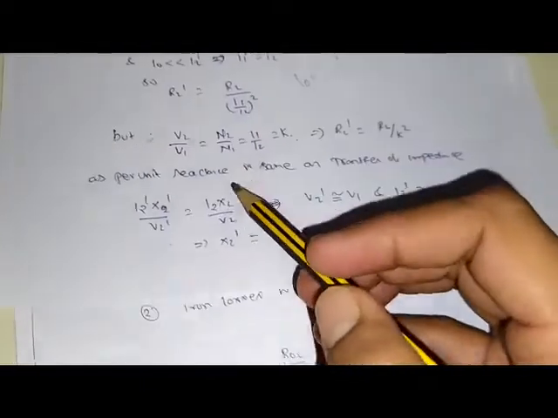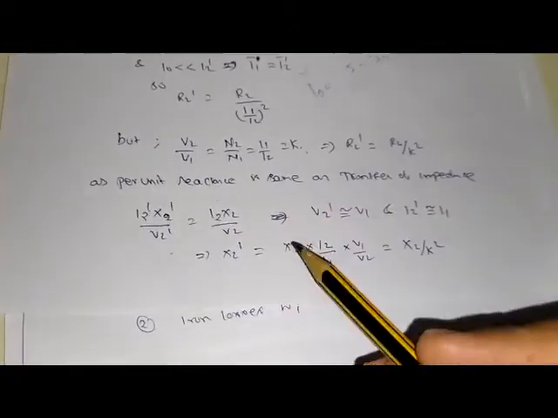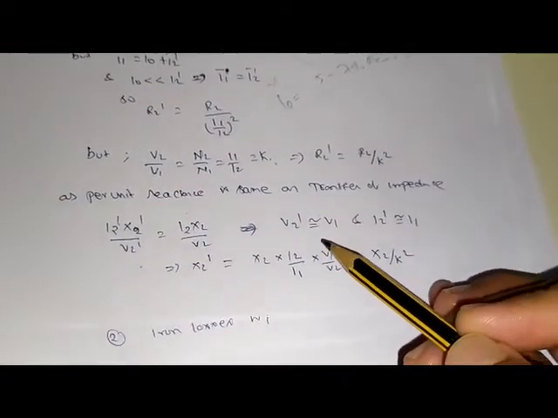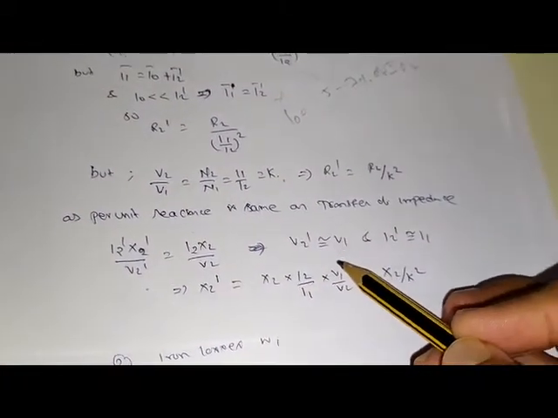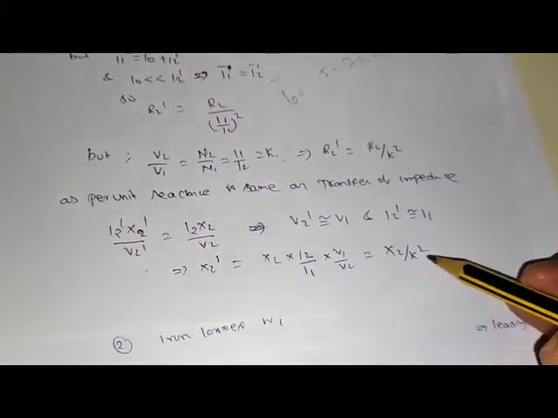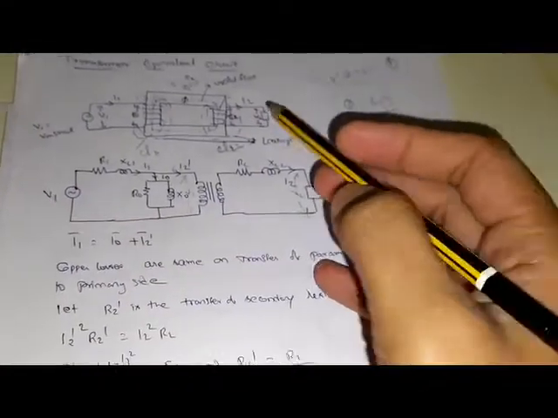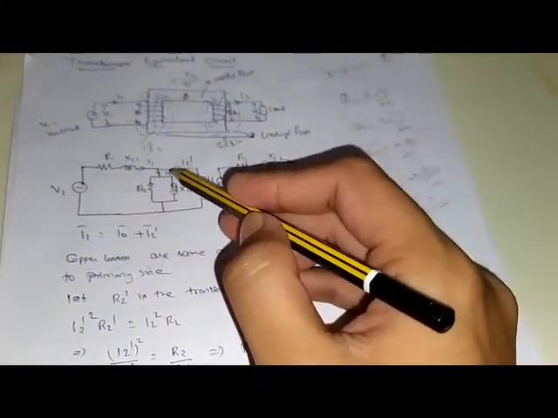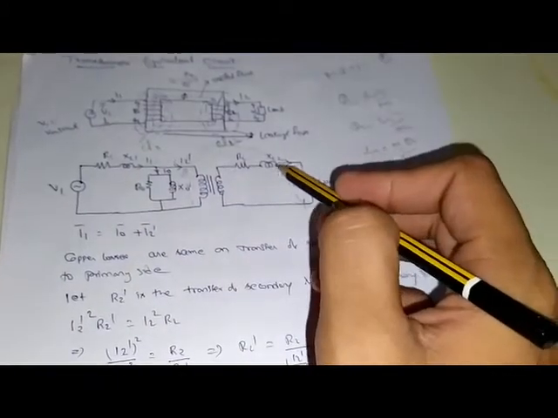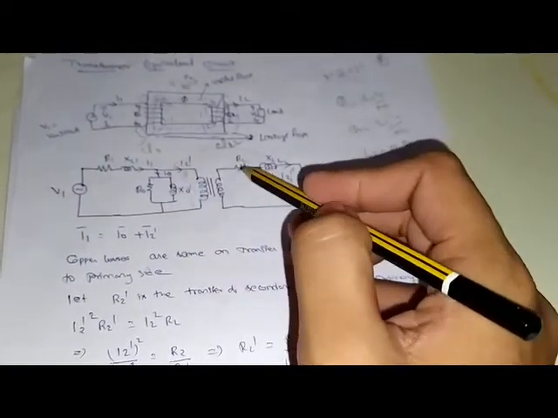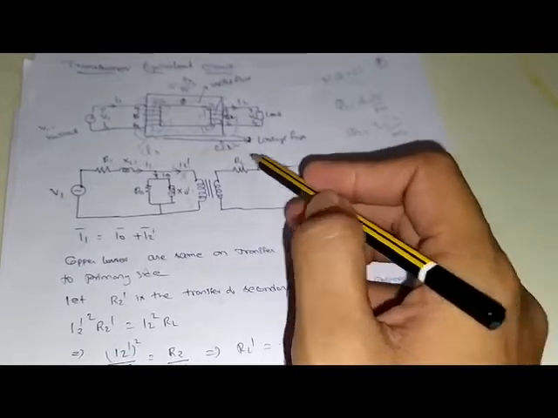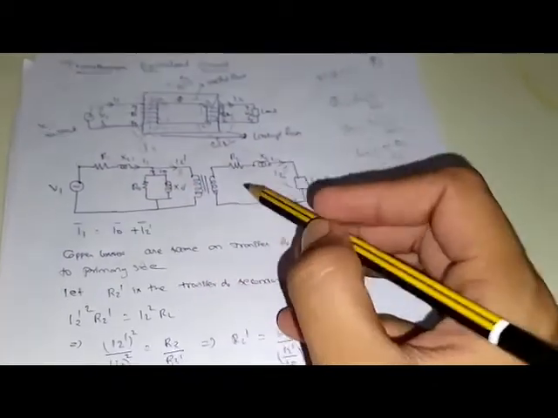If this is V2, and I transfer this to this side, it becomes V2 dash, and here V2 dash is approximately equal to V1. So by this I will get X2 dash by K square. So finally what we realize is, if I transfer this parameter to this side, it is divided by K square.